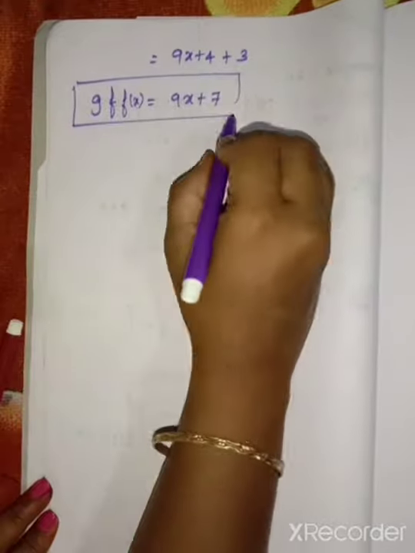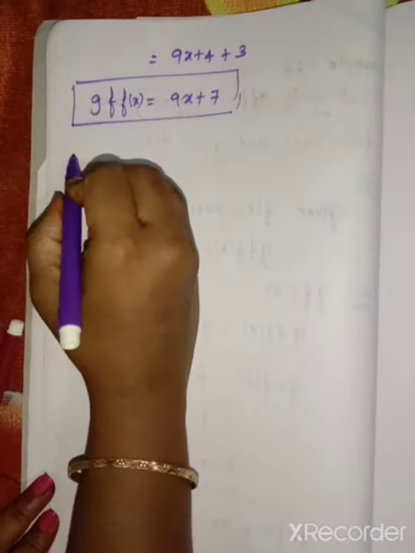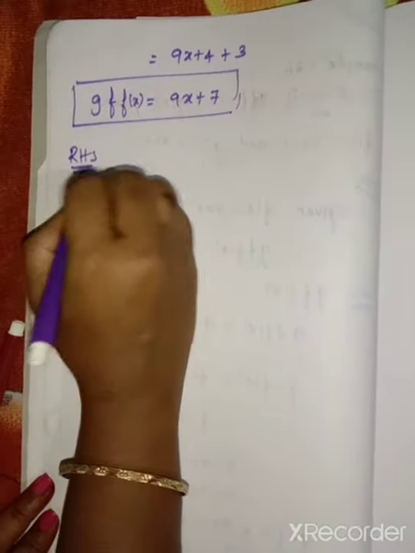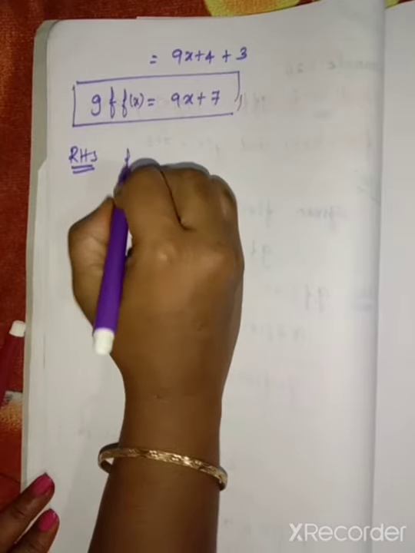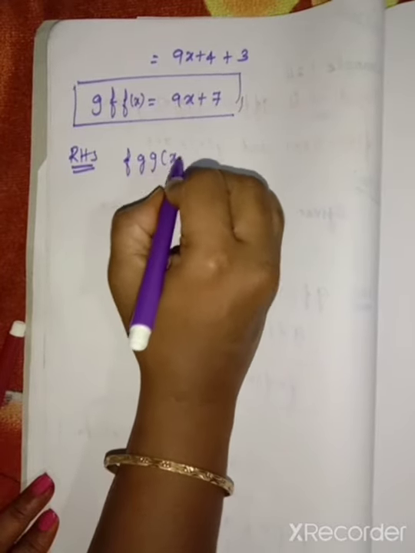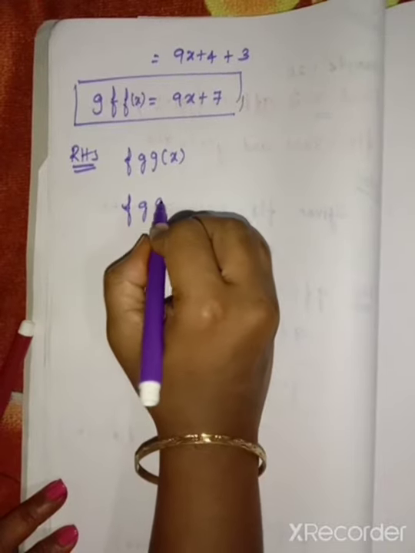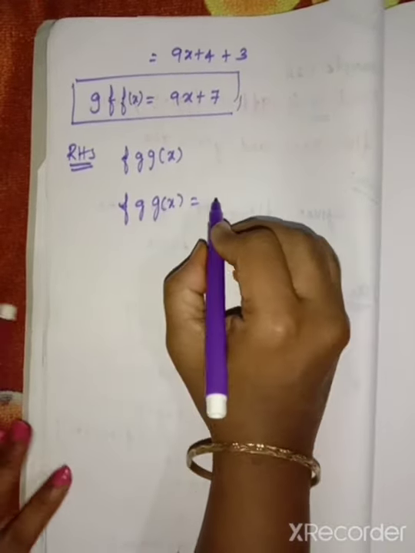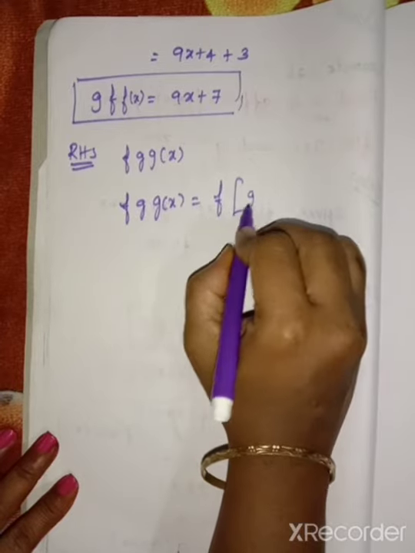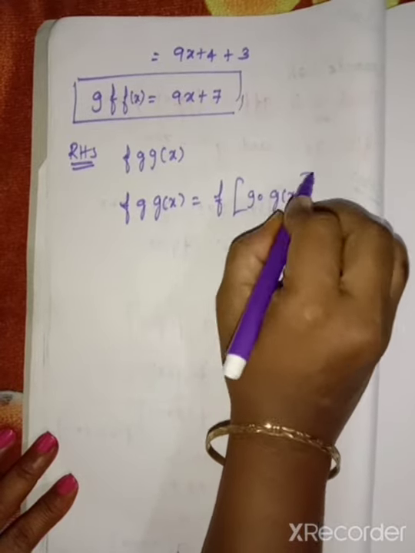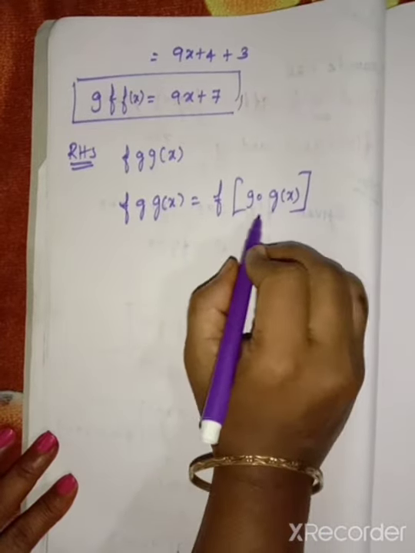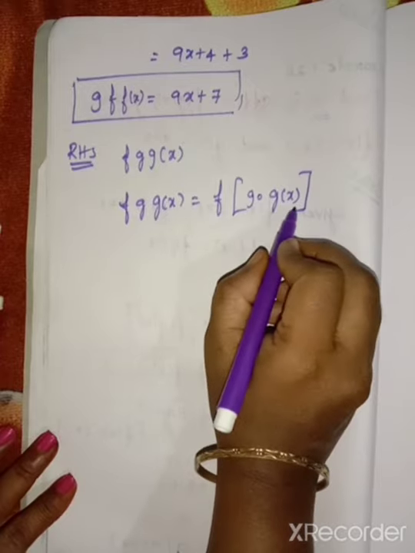So the left hand side we found. Now we want to find the right hand side, which is given as f of g of x. We take it as two terms. First we find the inside of the bracket, that is g of x.